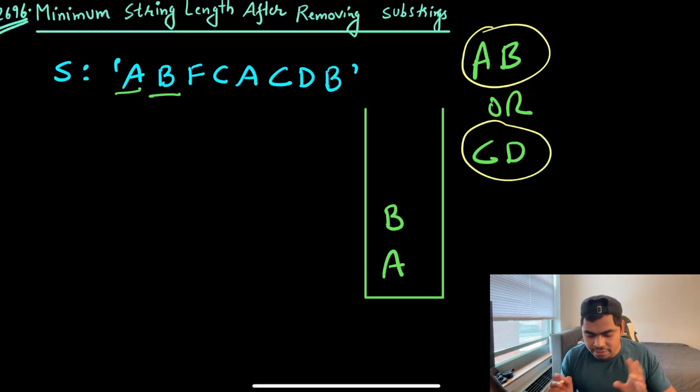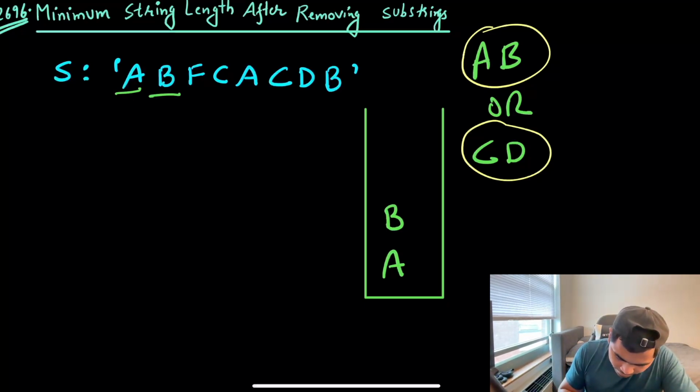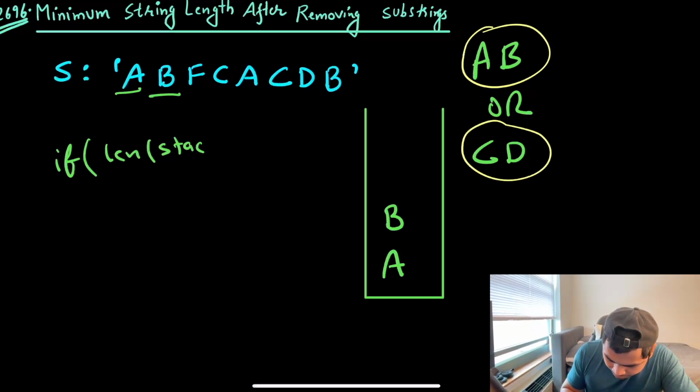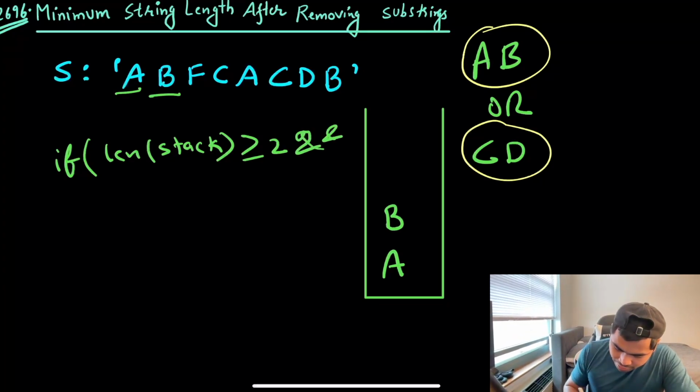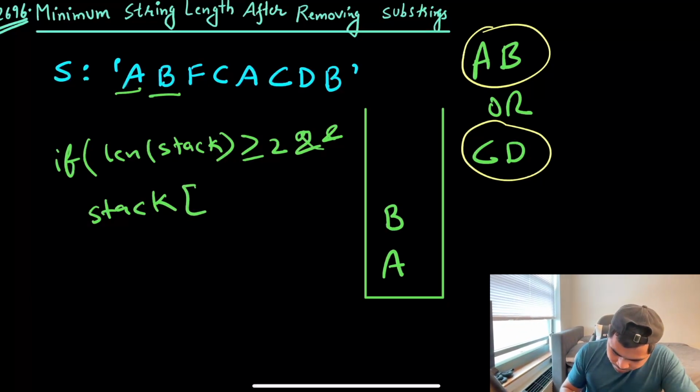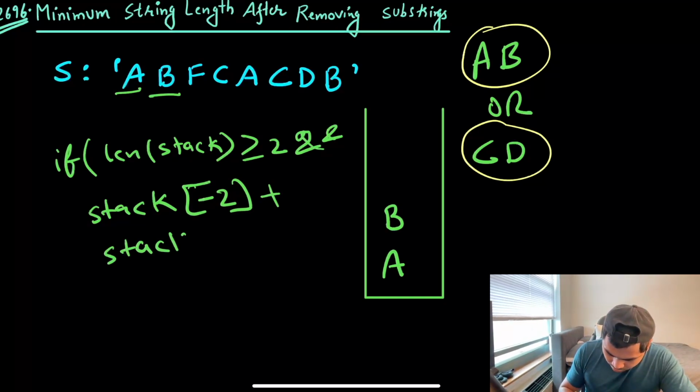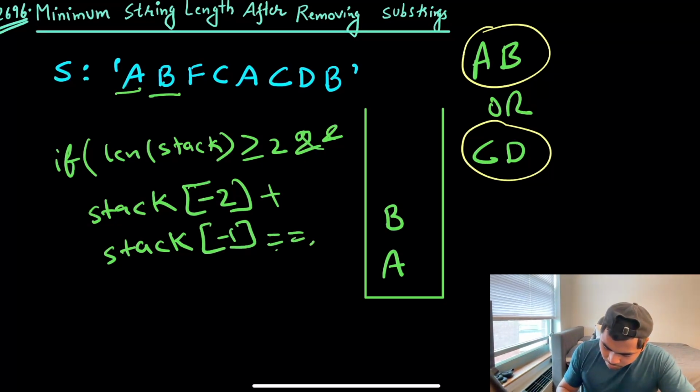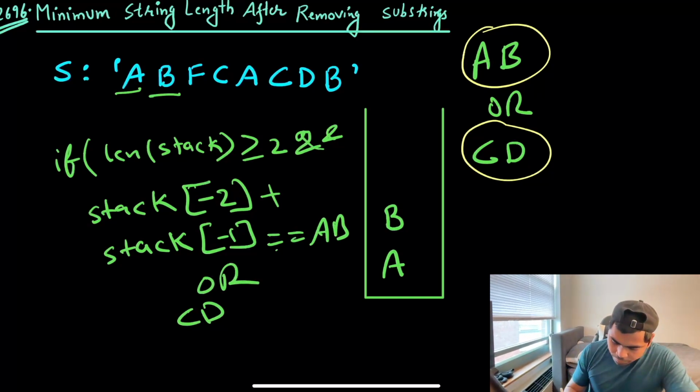So only if the length of the stack is greater than or equal to 2, and the last 2 characters, stack[-2] and stack[-1], are both equal to AB, or both equal to CD, then we're going to pop both of them.